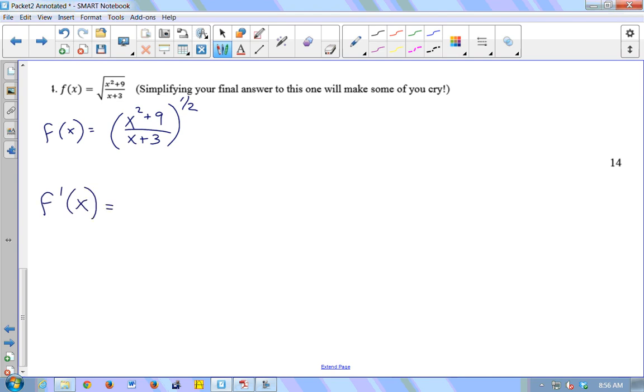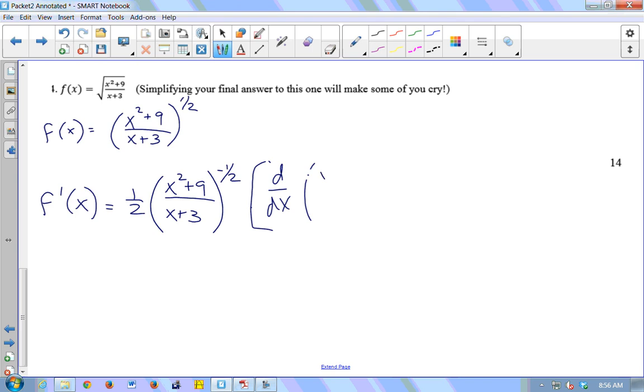I'm going to apply the power rule first, and I have 1/2 times the same stuff to the negative 1/2. Okay, so I just applied the power rule to the stuff. Then I have to multiply by the derivative of the stuff, which I'm actually just going to write times the derivative of x squared plus 9 over x plus 3.